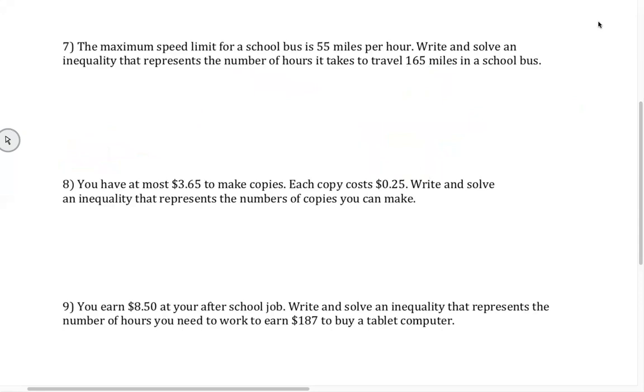I would pay attention to that question. So you have at most $3.65 to make copies. Each copy costs you 25 cents. Write and solve an inequality that represents the number of copies you can make. Well, 25 cents per copy. Let's use C for copy. Well, that has to be less than or equal to 365. So now we're going to go ahead and divide by 25 cents. We're going to get C is less than or equal to... so I type this in.